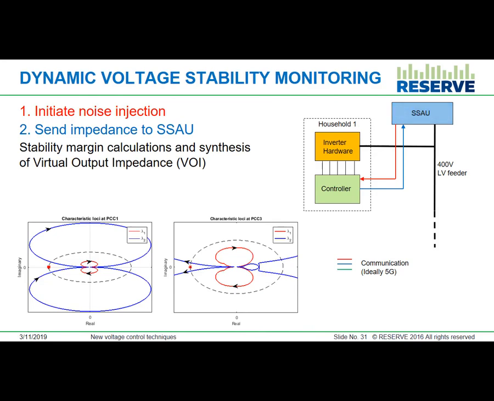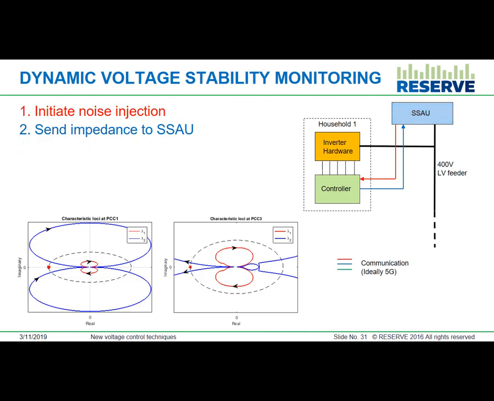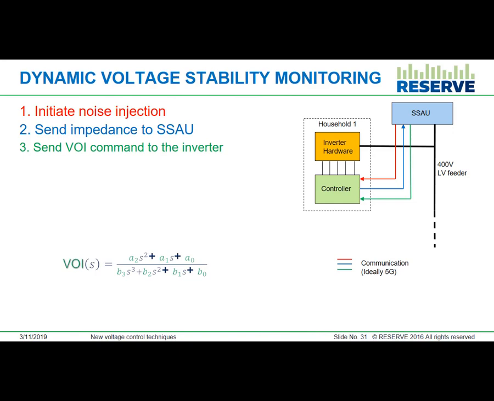Then there could be impedance-based stability monitoring. We'll do an exercise on Thursday on how to do this plot. I'll explain how to draw the characteristic loci when you have the impedance information. And once the stability margins are analyzed, you can use that information to apply the virtual output impedance control that I just explained in the previous slide.